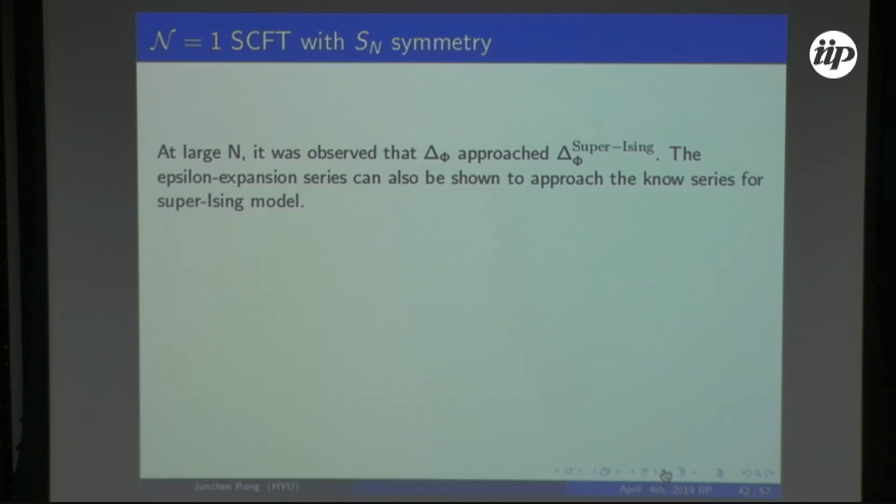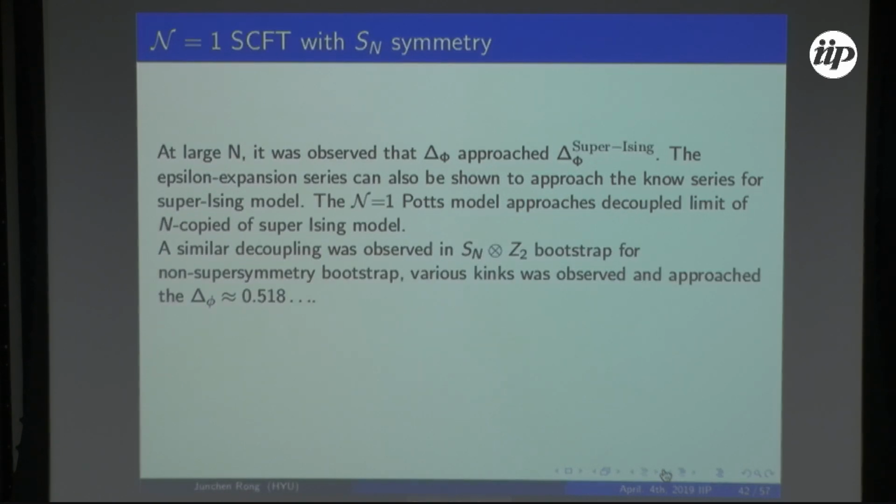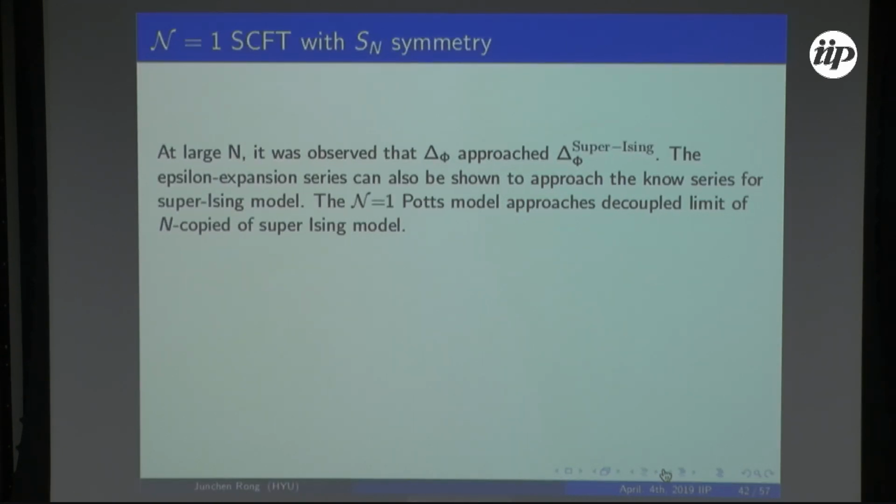One interesting thing is that at large n, delta phi approaches the Ising model value. The epsilon expansion series can also be shown to approach the known series for the Ising model. So basically, as you go to large enough n, this model decouples, with large n factorization.